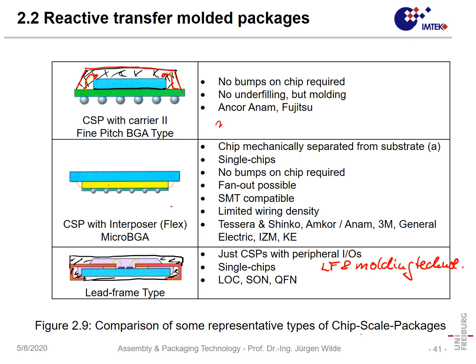So we have no lead frame, but a printed wiring board, but we have wire bonding, we have the gluing, we have the wire bonding, and we have the molding.